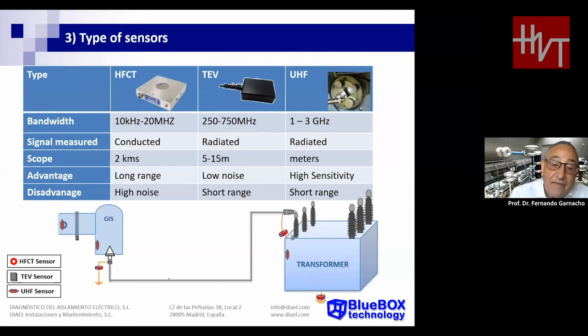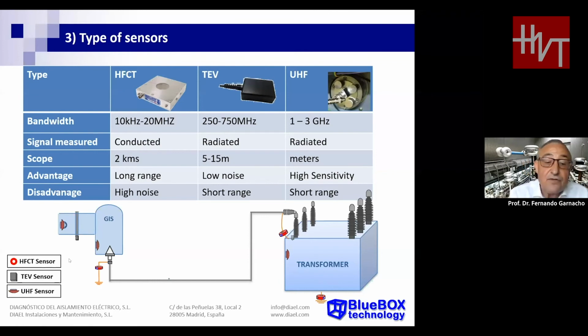For this reason we have the capability to measure using high frequency current sensors. Of course, we can also measure with TEV sensors placed in different places of the transformer, and in the spacers of the GIS.